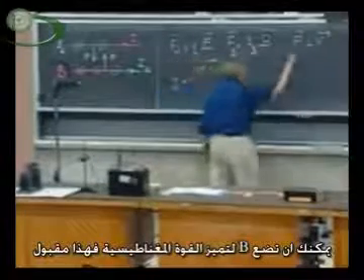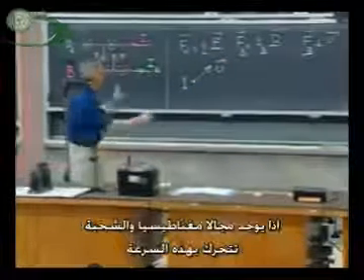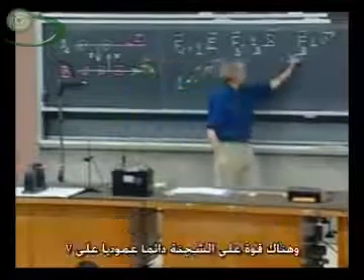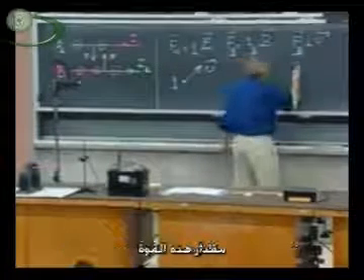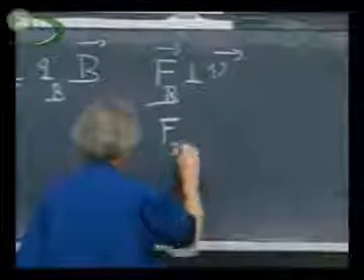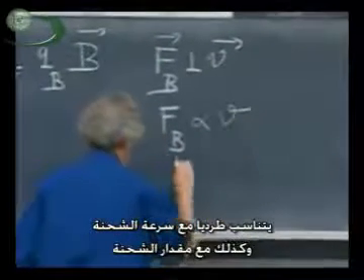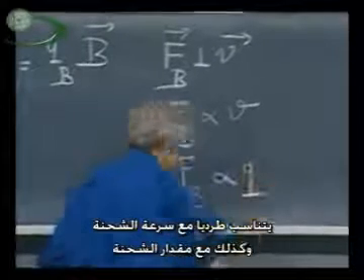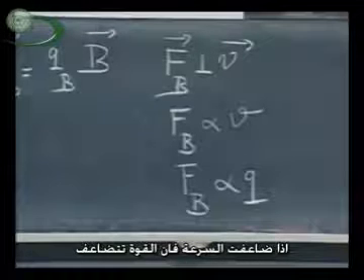If you want to call that B with a magnetic indication, that's fine. So there is a magnetic field, the charge is moving with this velocity, and there is a force on that charge which is always perpendicular to v. The magnitude of that force is proportional to the speed of the particle, and it is also proportional to the charge itself. If I double the charge, then the force doubles. If I double the speed, then the force doubles.